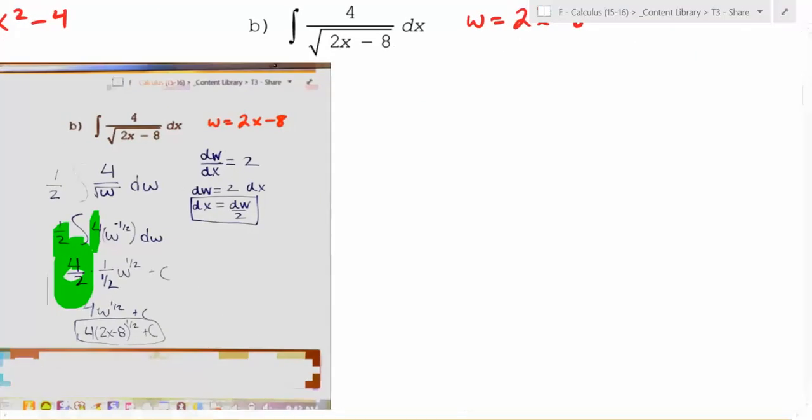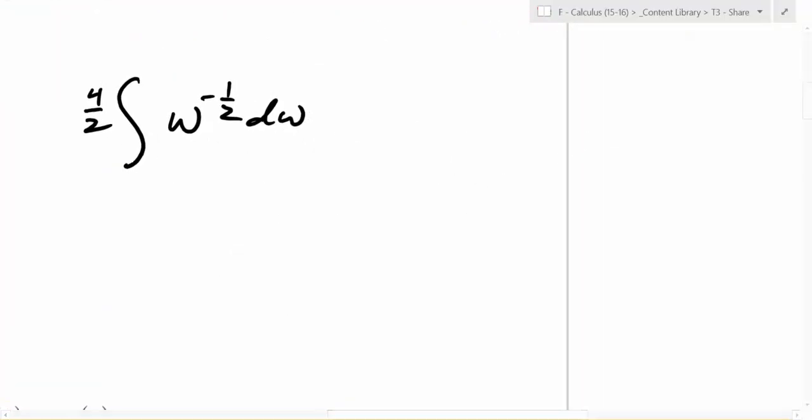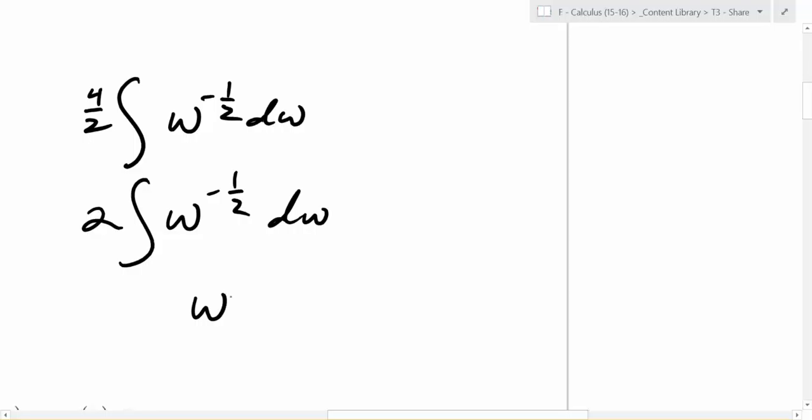So just to reiterate, the thing you're going to have to remember how to integrate is this. You have 4 over 2 integral of w to the negative 1/2 dw. That's the whole thing you have to integrate right there. So that's 2w to the negative 1/2 dw. So it's w, what's 1 greater than negative 1/2? Not a rhetorical question.